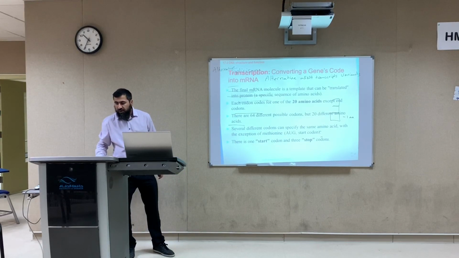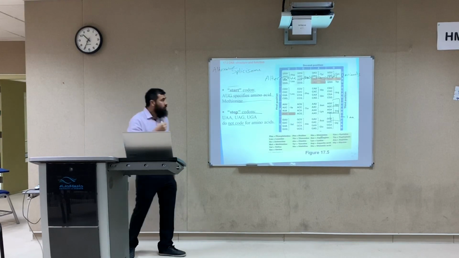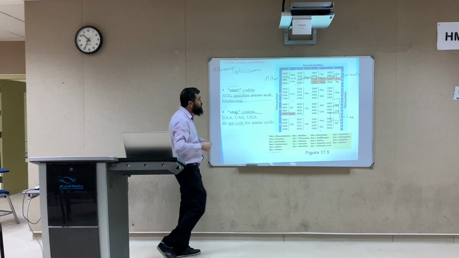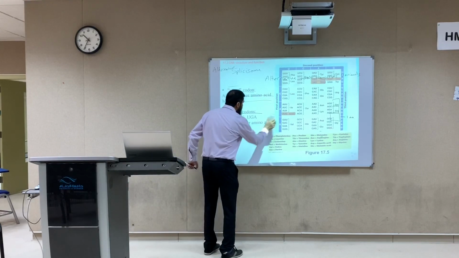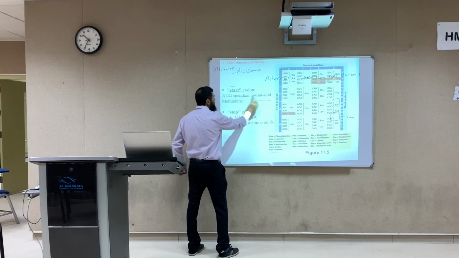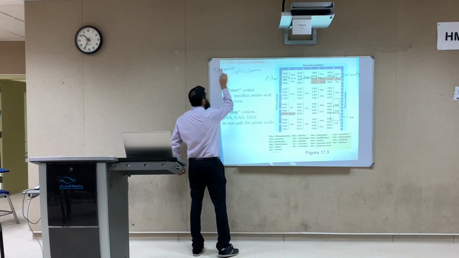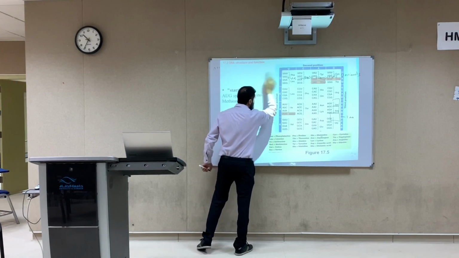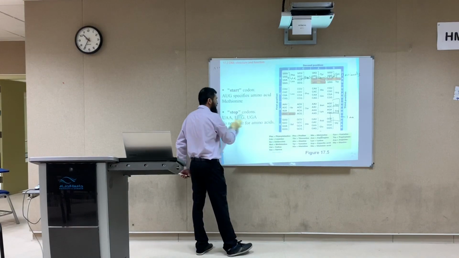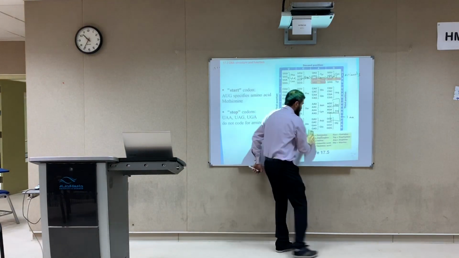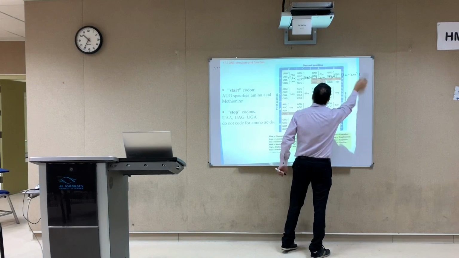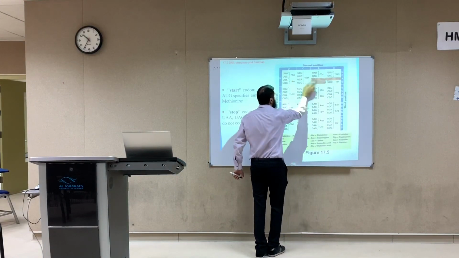Now, if we have a look at the codon table here, also called the genetic code, it's universal to all organisms: bacteria, plants, animals, fungi, protists all use the same genetic code.